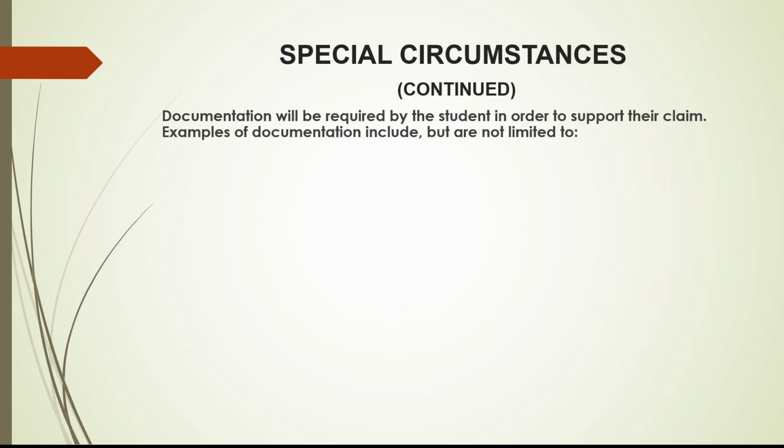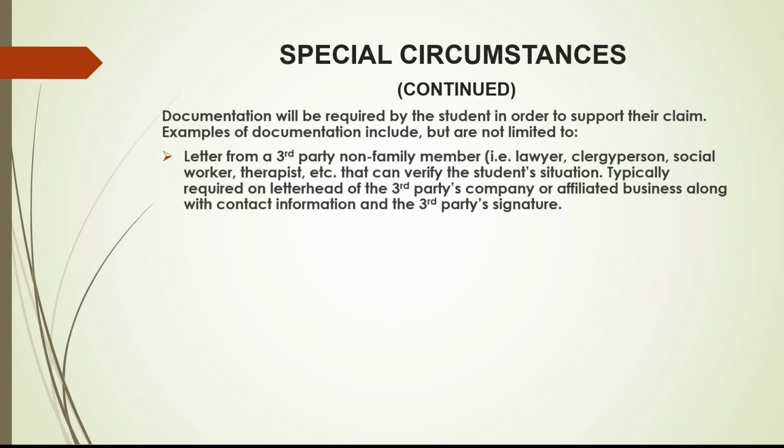So obviously you're going to have to submit documentation to support your claim if any of these things exist. Some of the things that colleges usually ask for is a letter from a third-party non-family member. This could be someone such as a lawyer or a clergy person from a church, a synagogue, temple, or mosque. It could be a letter from a social worker or a therapist.